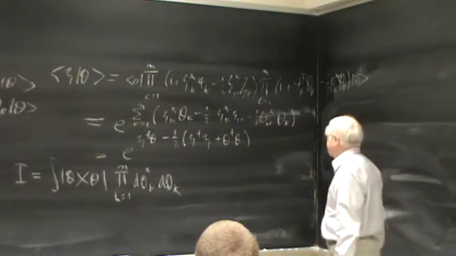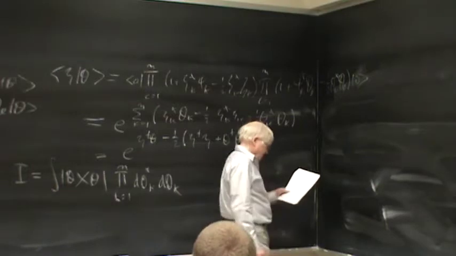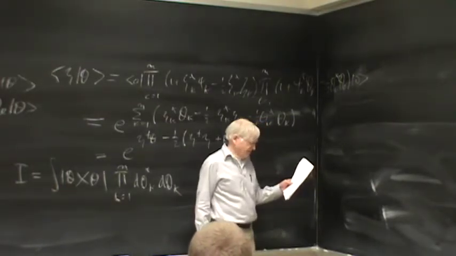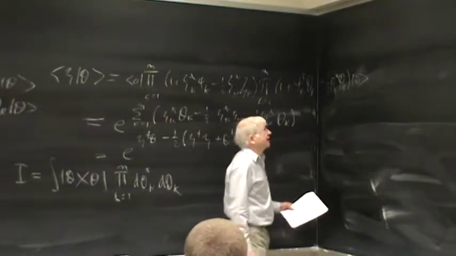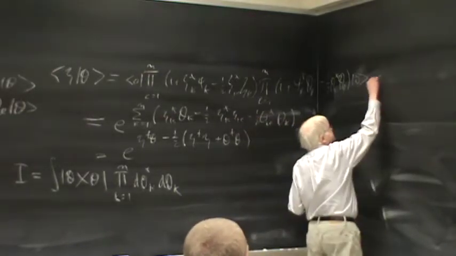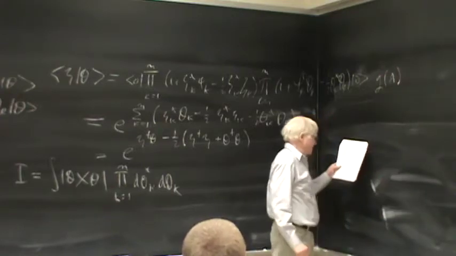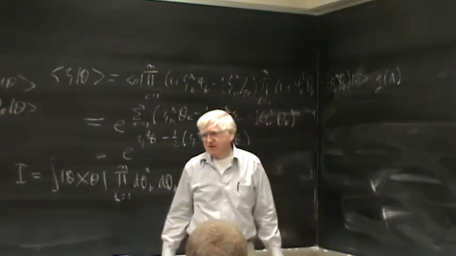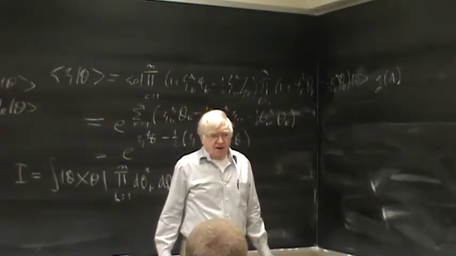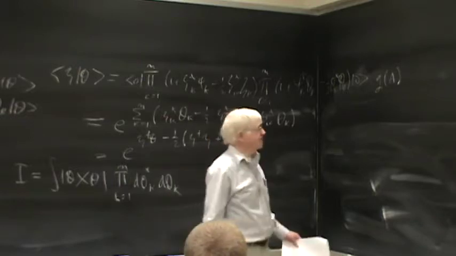Now, let's come to something that I treated as an example in the book, but which is really very important, so I think we should do it in some detail. G of A, where A is a matrix. Here I'm going to do the first non-trivial case, namely 2 by 2.